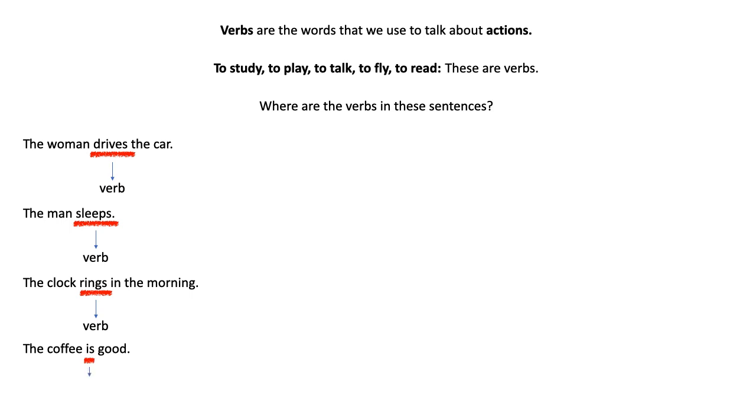Is our verb. Okay? The verb to drive, the woman drives the car. The verb to sleep, the man sleeps. The verb to ring, the clock rings in the morning. The verb to be, the coffee is good. Those are the verbs in these sentences. Okay?